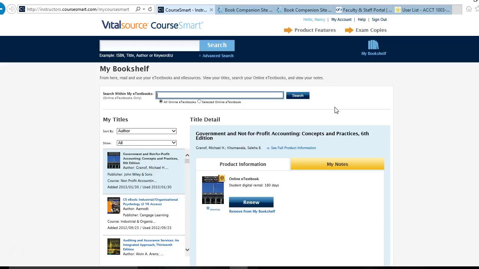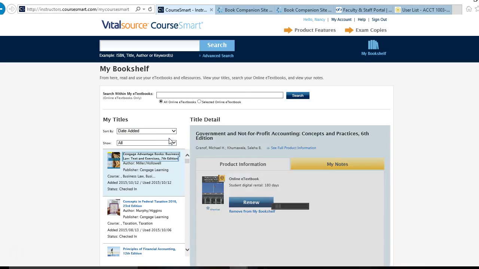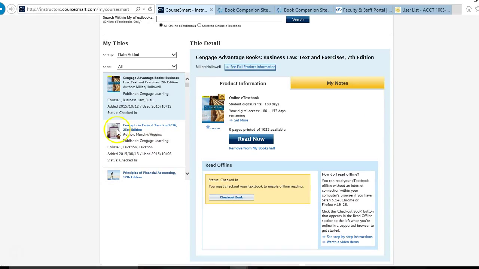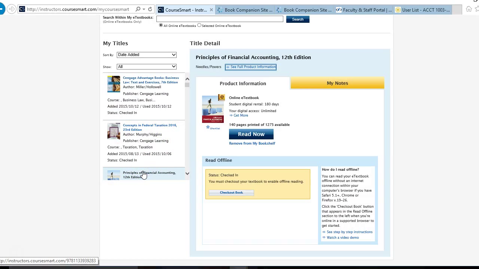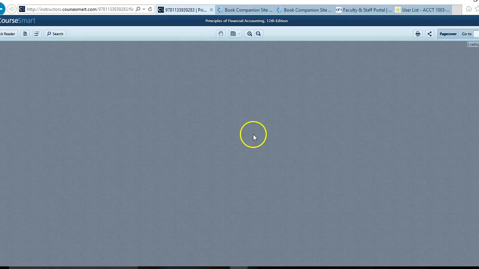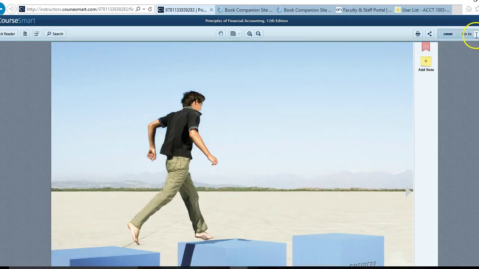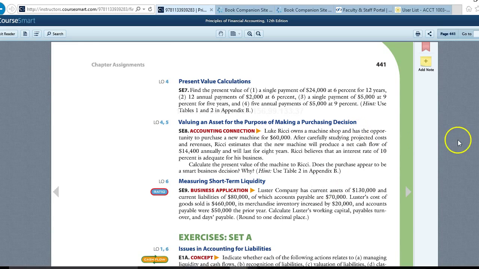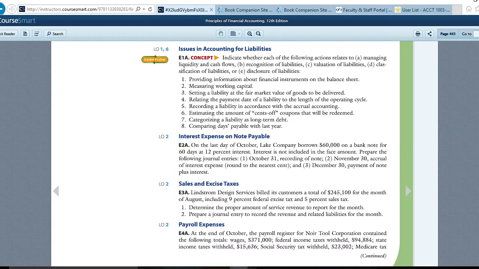Let's look at E2A on page 441. E2A. Okay?